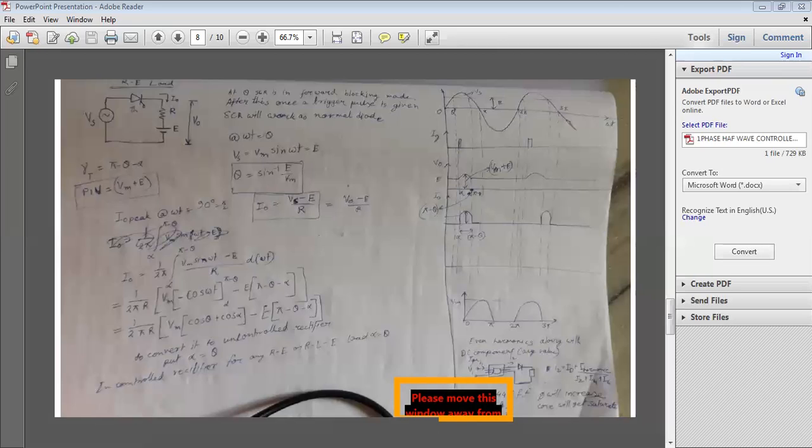Flux will get saturated and the transformer will be burnt. So DC component and even harmonics of the signal should be removed. So we will use the full wave controlled converter, single phase, full wave controlled rectifiers. Okay. So up to this, does anybody have any question?